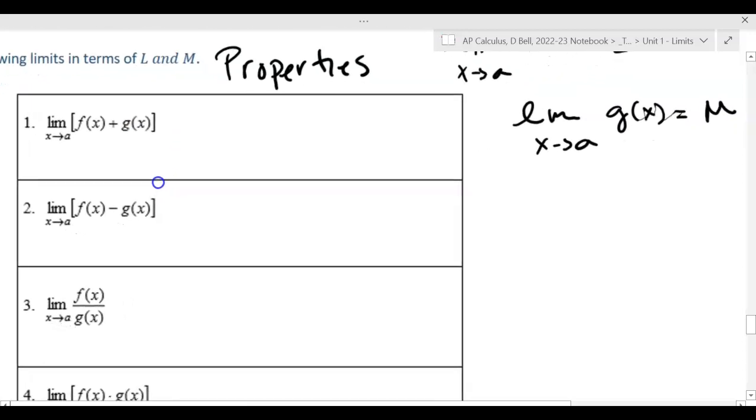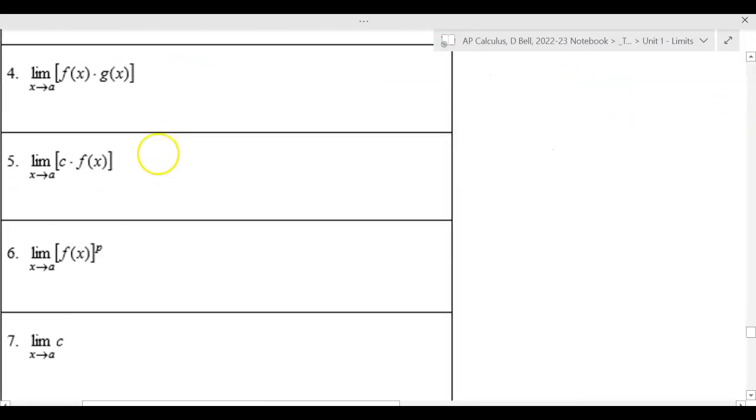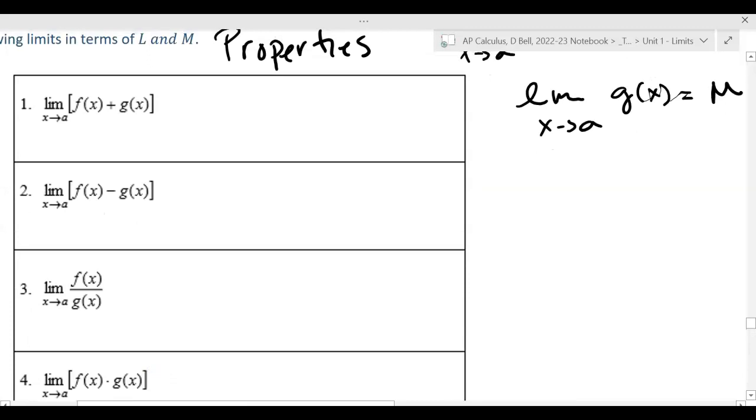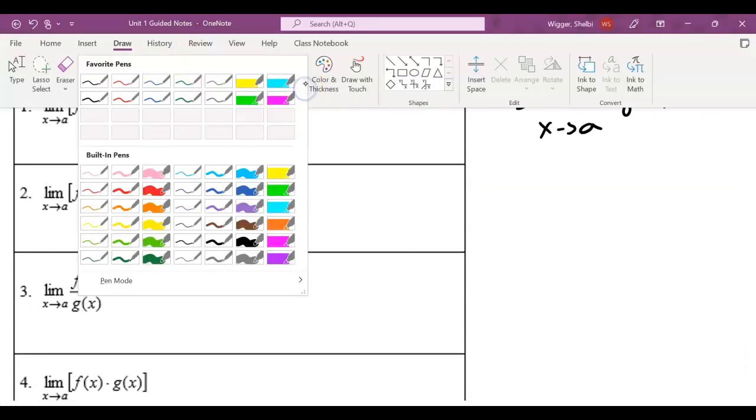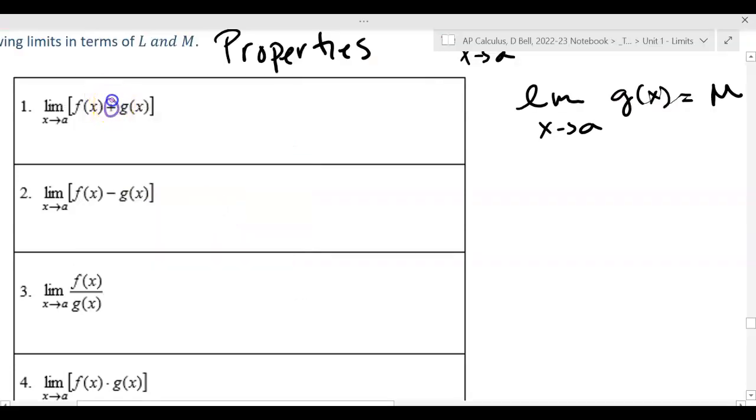So if we're adding two functions together and trying to find the limit, we break the limit up at the operation. The operation meaning add, subtract, multiply, or divide. So we're going to break it up at addition.